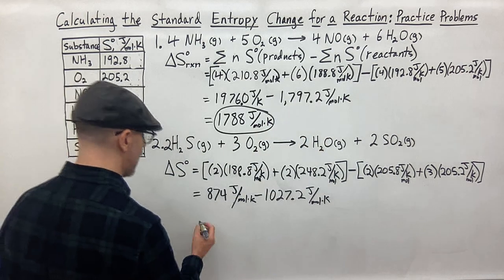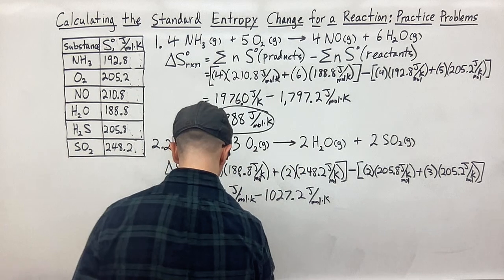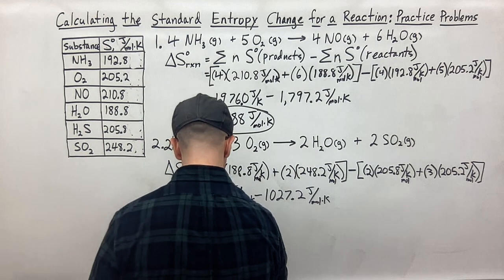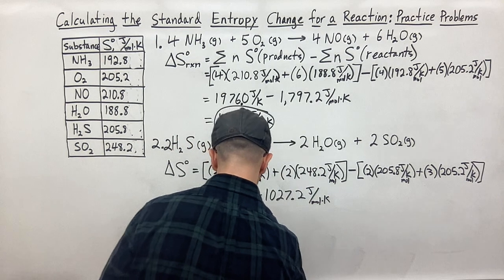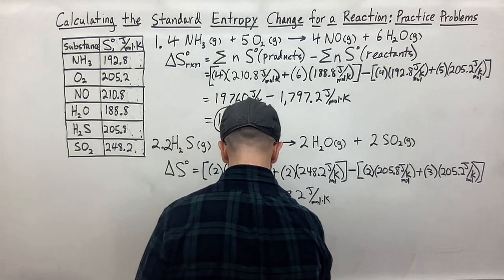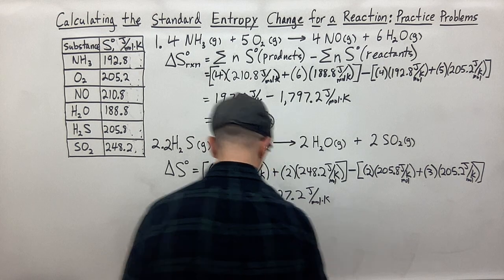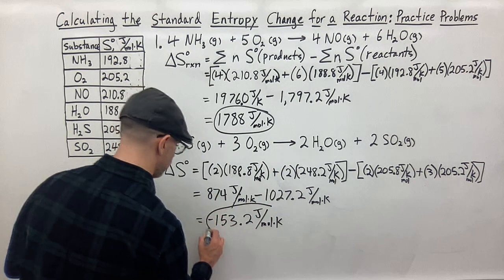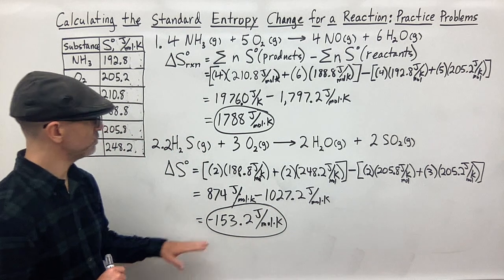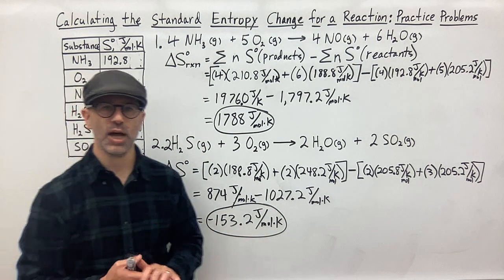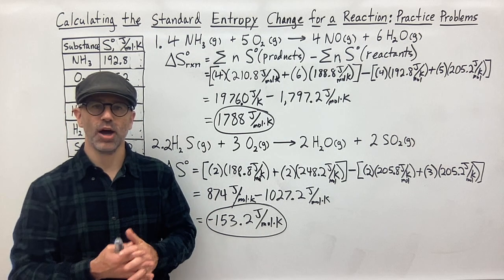And then when we subtract this out, we get a negative 153.2 joules per mole Kelvin. So that is the standard entropy change for this reaction. And so I hope this is helpful. Sorry about the mistake, but hopefully it didn't throw you off too much.